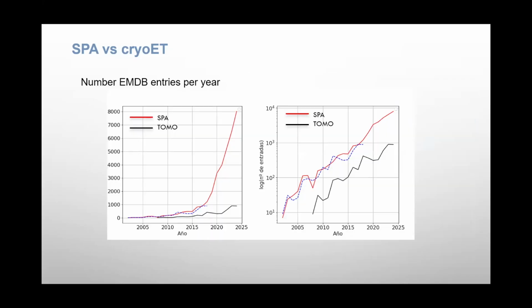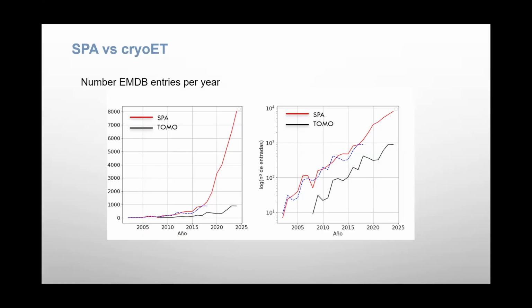The number of entries that we observe in EMDB shows that tomography is growing in the last years. The red curve is telling us how many maps have been deposited in EMDB in the last year, and the black line is telling the same for tomography.